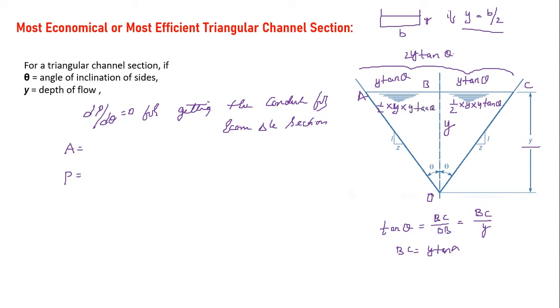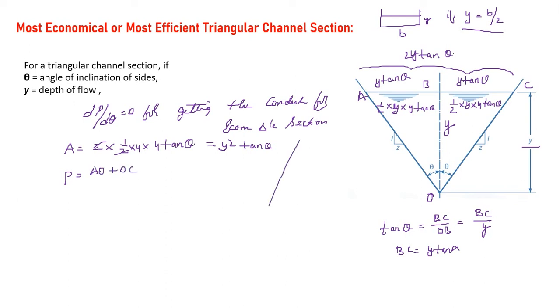So two triangles: 2 into 1 by 2 into y square tan theta. The 2 gets cancelled and we get y square tan theta. And now P. P equals AO plus OC.